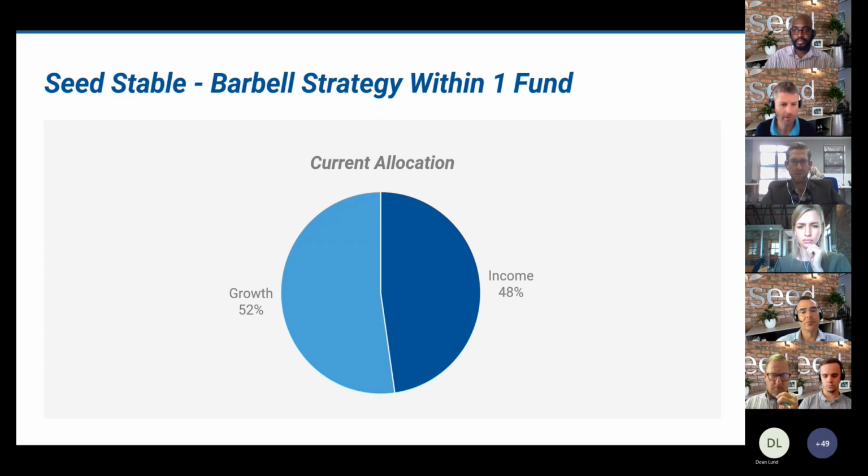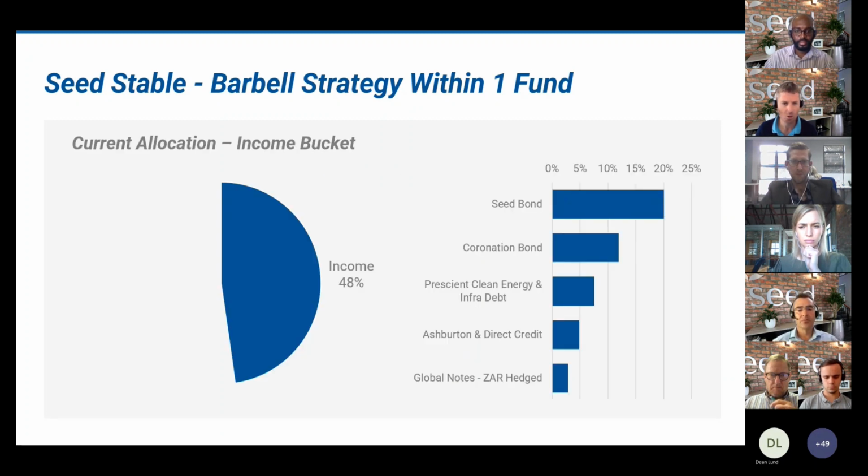We do this within one fund, which means advisors don't need to manage the rebalancing process. We take care of this. We'll shift the weightings between the income and growth buckets as market conditions change. At the moment, we're around a 50-50 blend, with the income bucket yielding close to 12%, which is quite an attractive yield.